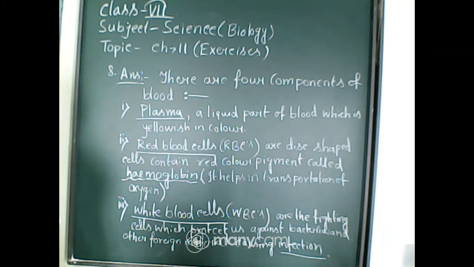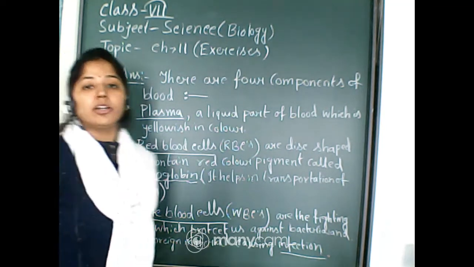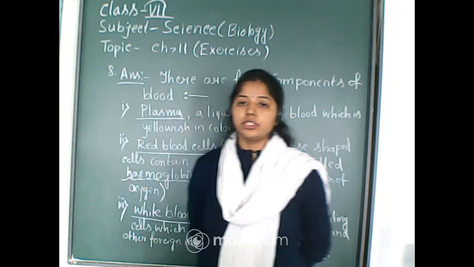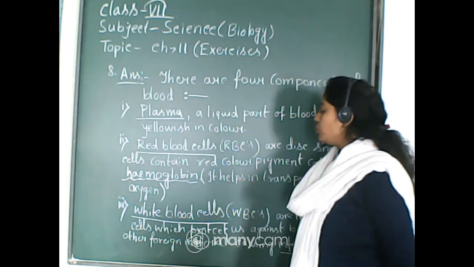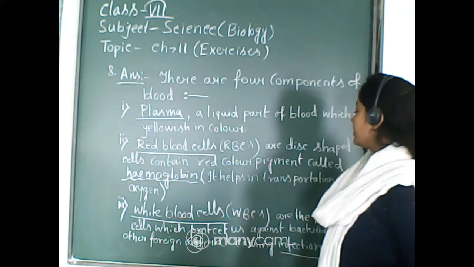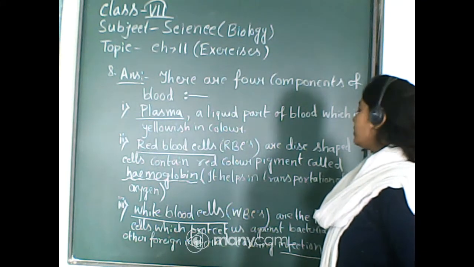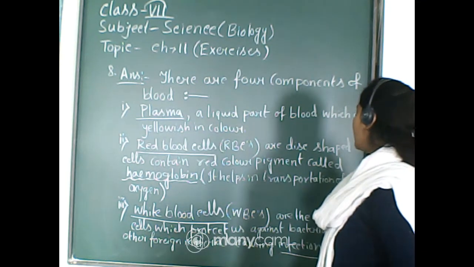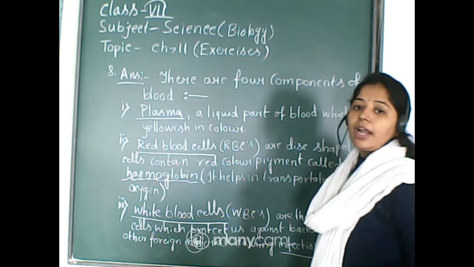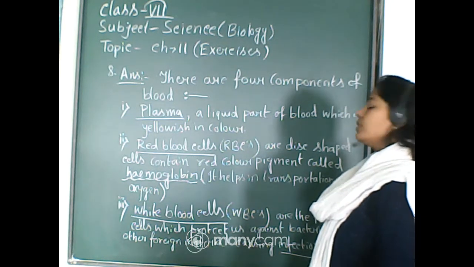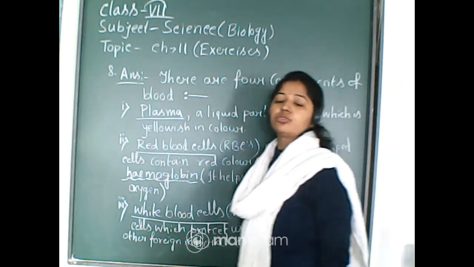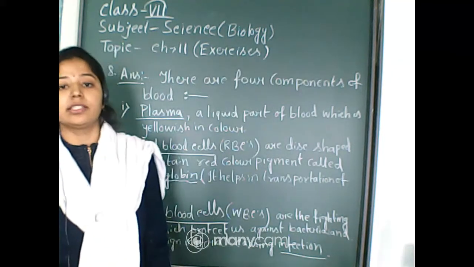Then red blood cells, disc-shaped cells containing red color pigment called hemoglobin, which is mainly responsible for transportation of oxygen. Next comes white blood cells. WBCs are the fighting cells which protect us against bacteria and any foreign material causing infection. So it acts as a defense mechanism.